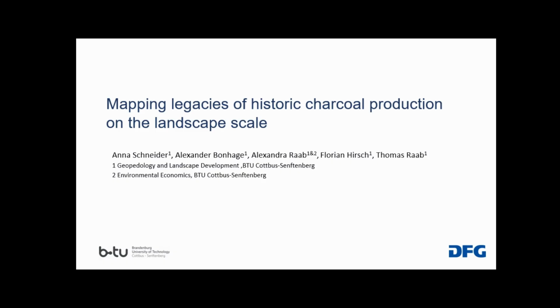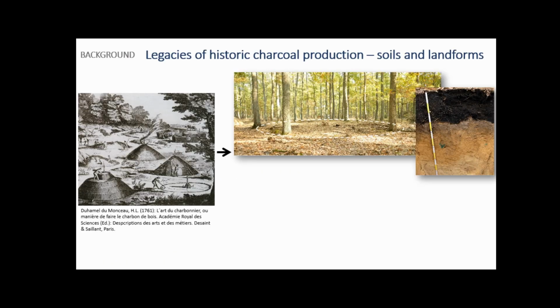So the objects of our study are the remains of historic charcoal hearths or charcoal piles, charcoal kilns, different terms in different regions. Here are some charcoal burners operating charcoal hearths on a flat landscape, and here are the characteristic remains of such sites.